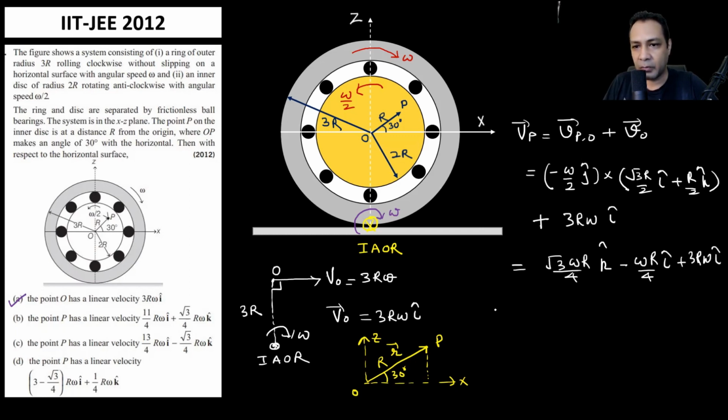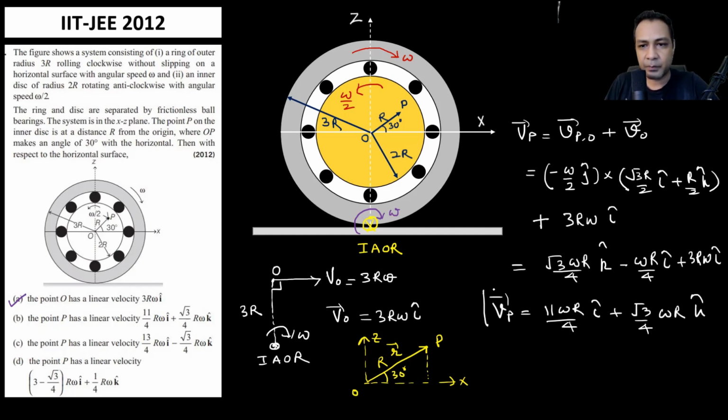Simplifying, let me collect the i cap terms: 3r omega minus omega r by 4 becomes 11 omega r by 4 i cap. And then the k cap part is root 3 by 4 omega r k cap.